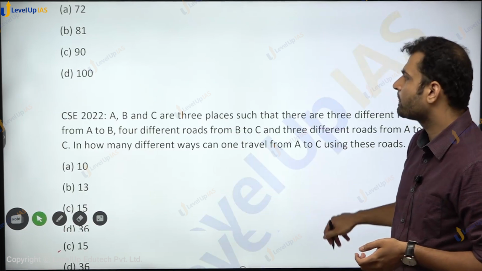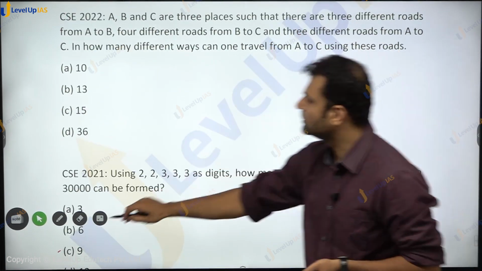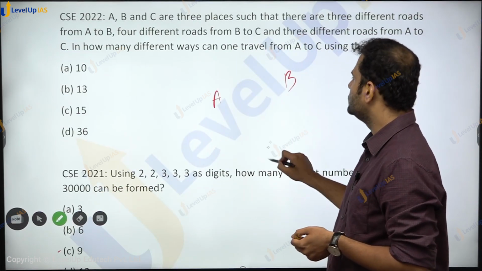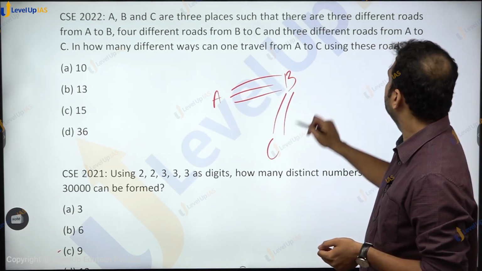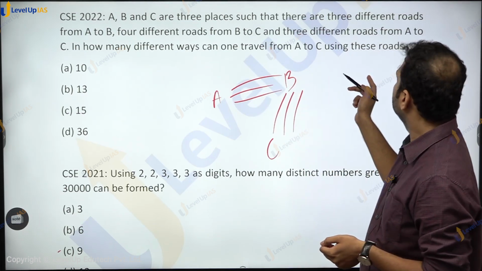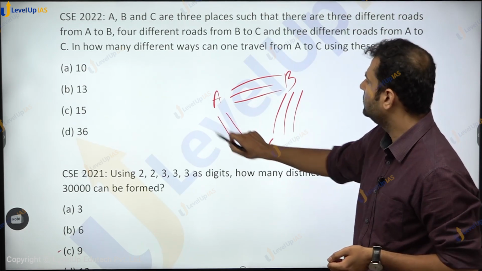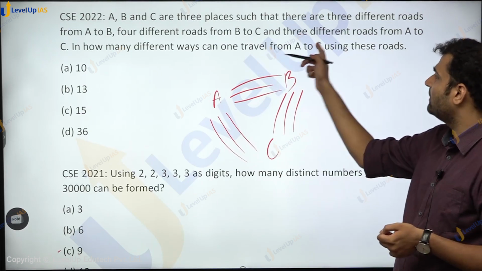Next, A, B, C are three places such that there are three different roads between A and B. So we have A, B, C. We have three roads from A to B, four from B to C, and from A to C, 3. So how many ways can one person travel from A to C?